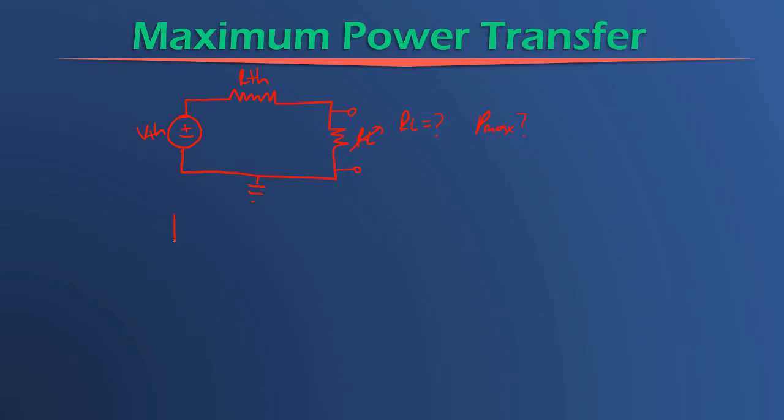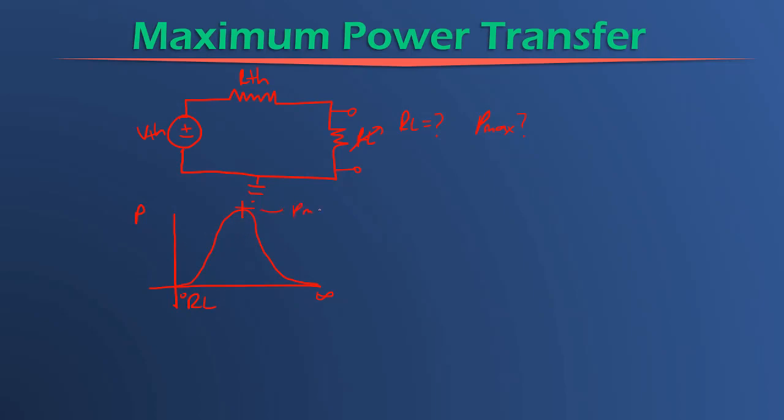You can imagine that we put a power meter there, and we start to measure the value of the power as the resistance value RL changes from 0 to infinity. And as we continue to measure this, this is the response that we obtained.